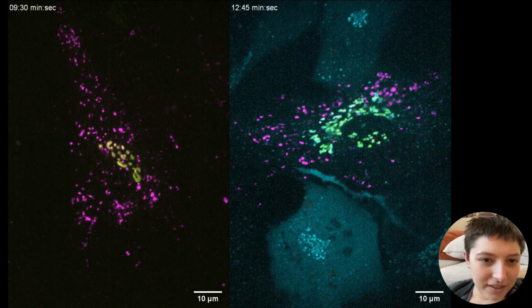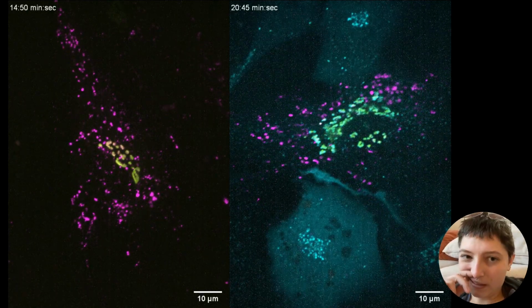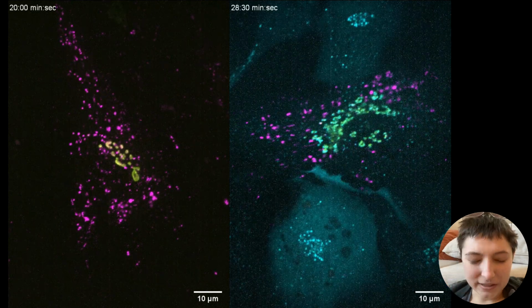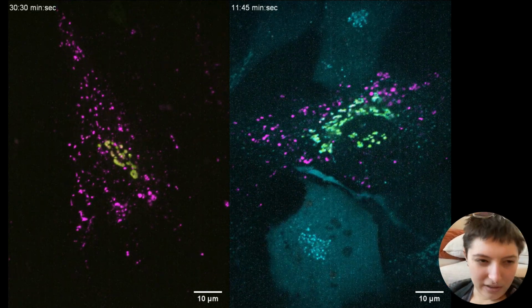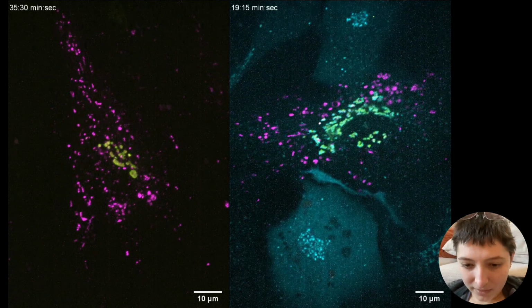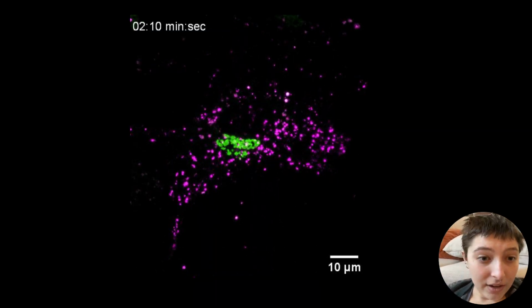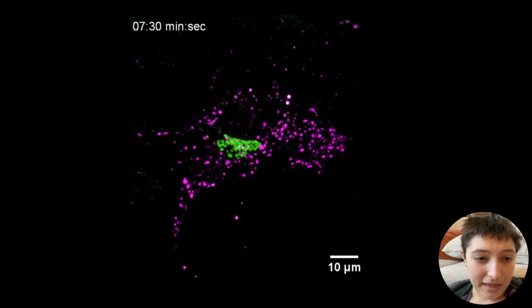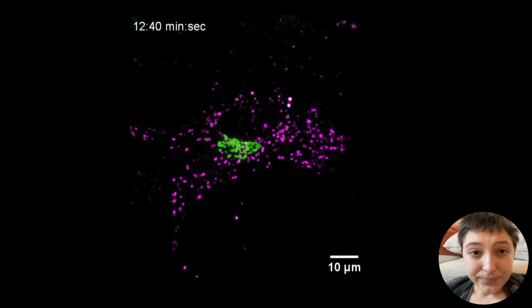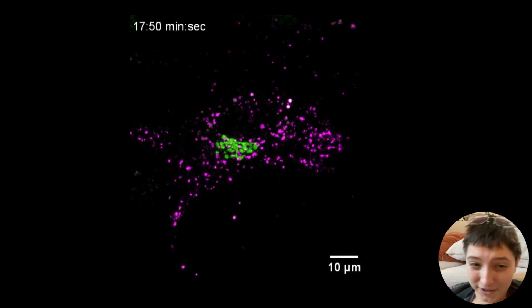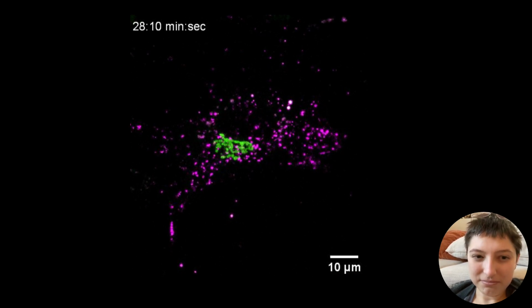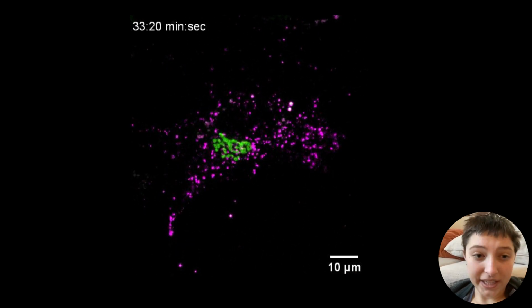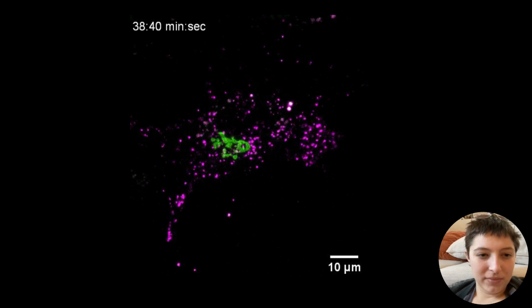I think this one was done in the spinning disc confocal, and I think this was the end spark. And in this one, this is end spark for sure. It also didn't work, but you can see there's a lot of detail there.